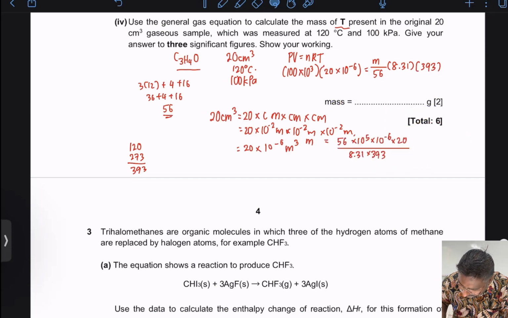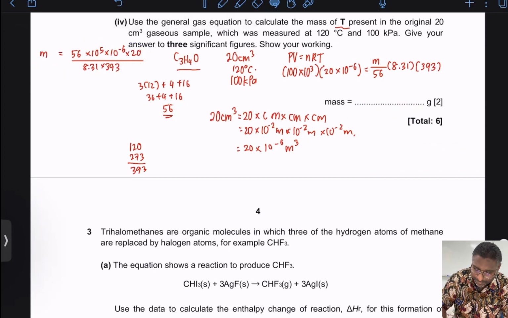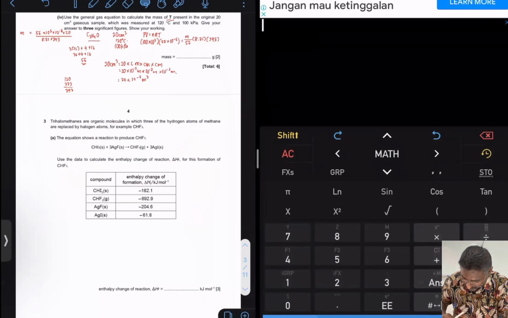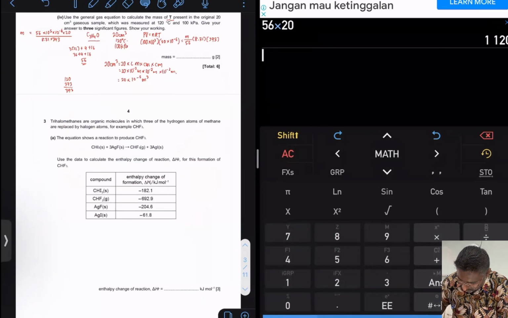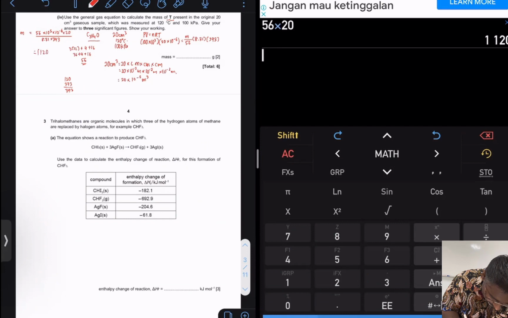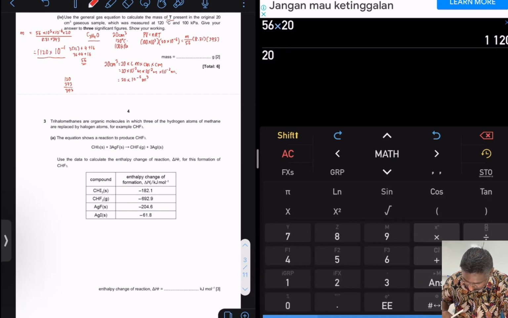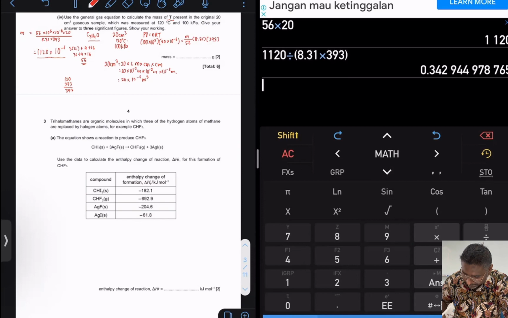Help me to calculate. 0.343 times 10 negative 1.